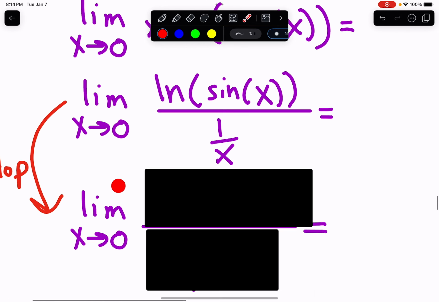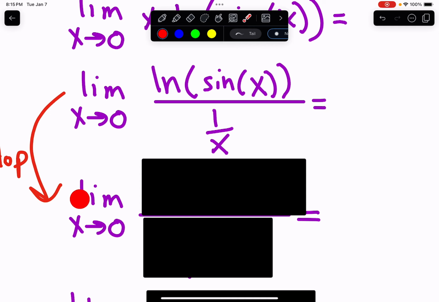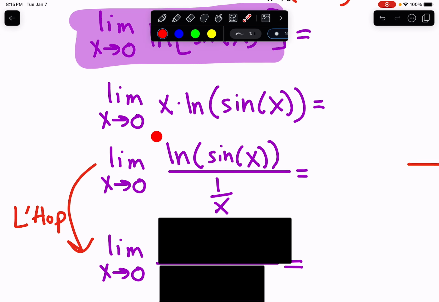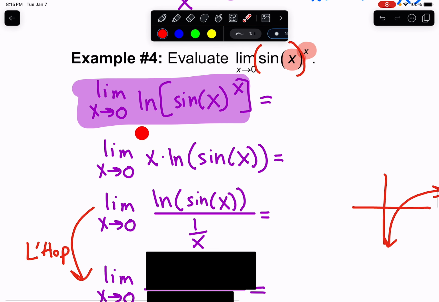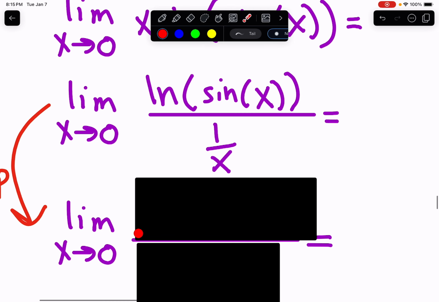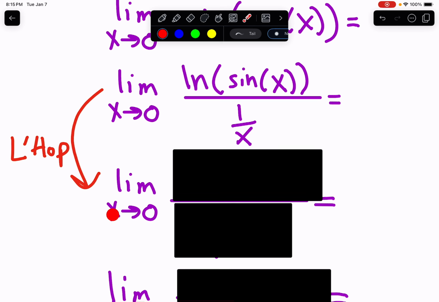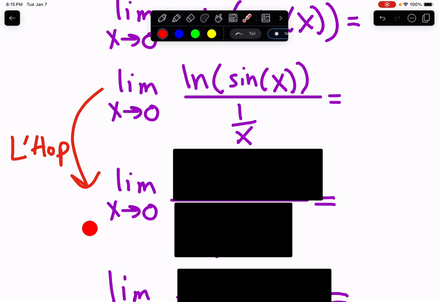And with 1 over x, it's kind of the same idea as x is approaching 0. Now, technically, since I can only deal with this on the right-hand side with the natural log, it's a different infinity. It would be positive infinity, but infinity over infinity is still indeterminate.